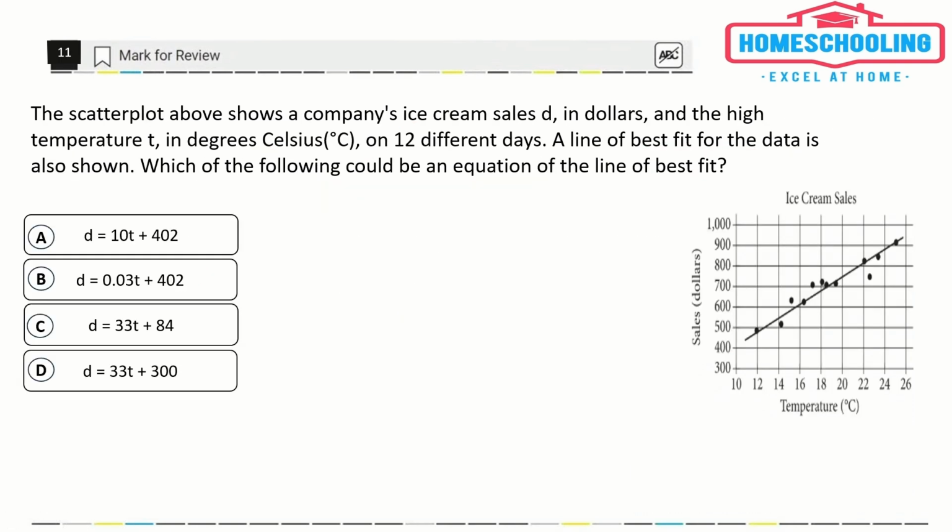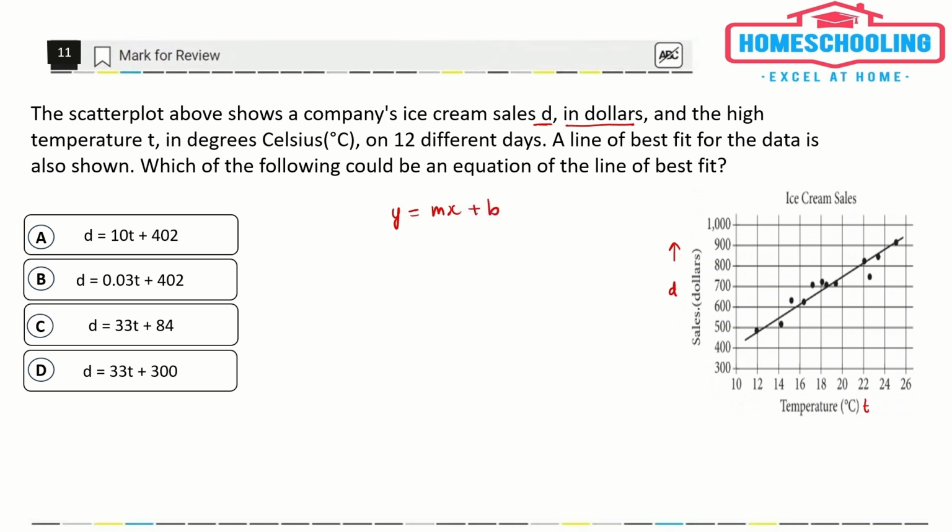Now, this is your last question. The scatter plot above shows a company's ice cream sales D in dollars and the high temperature T in degrees Celsius on 12 different days. A line of best fit for the data is shown. Which of the following could be the equation of the line of best fit? So as we can see, we have a positive slope here. So what is the basic function? y is equal to mx plus b.